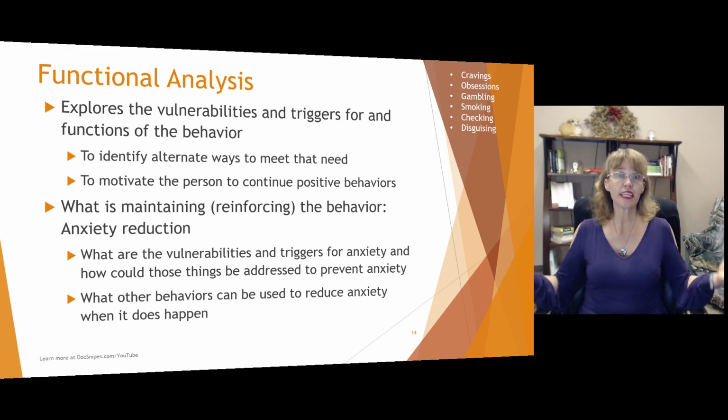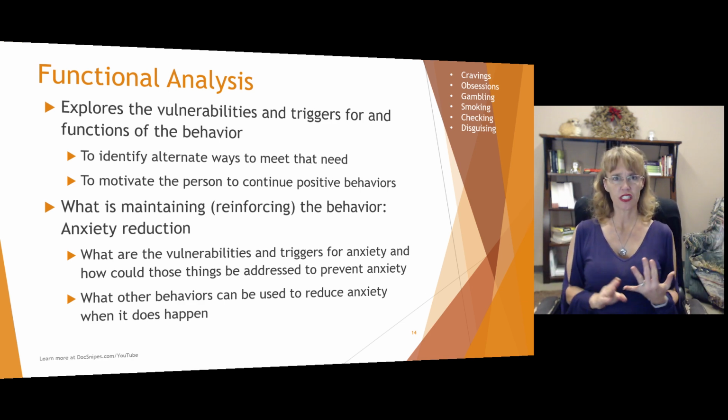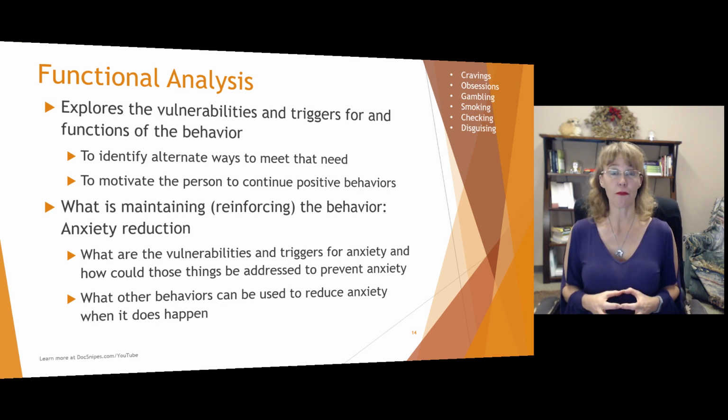So what else could they do? An alarm system can be helpful. Being able to see the doors can be helpful. There are a lot of different things they can do, but we want to help them figure out what needs to change. So when you lay your head down on that bed, you feel safe, you feel empowered, and you can relax. What other behaviors can be used to reduce anxiety when it does happen?